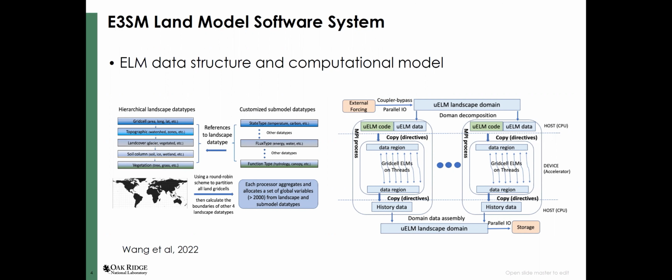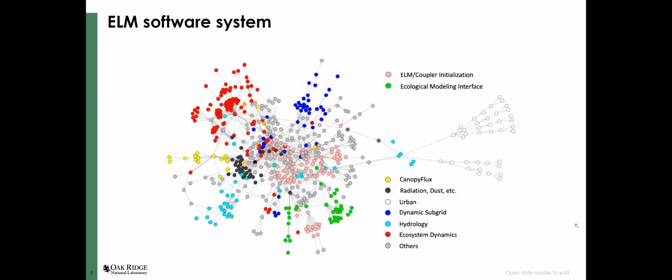Inside each MPI process, we push all the computing into the GPUs using OpenACC, using both data regions and compute regions.